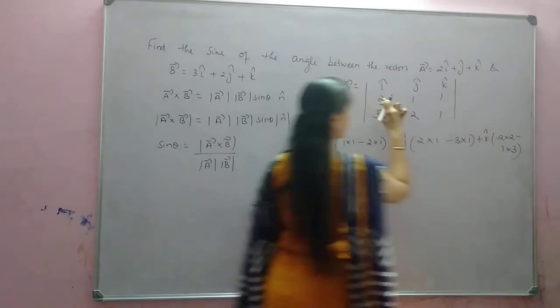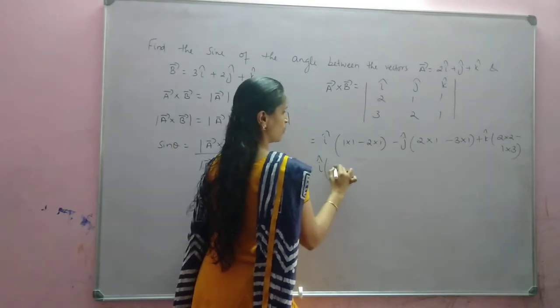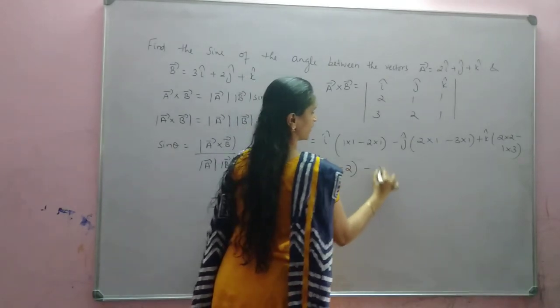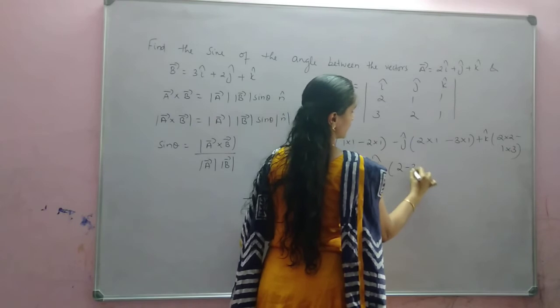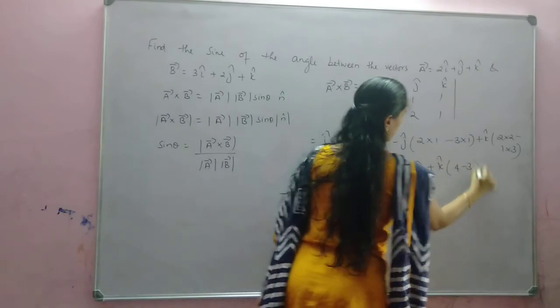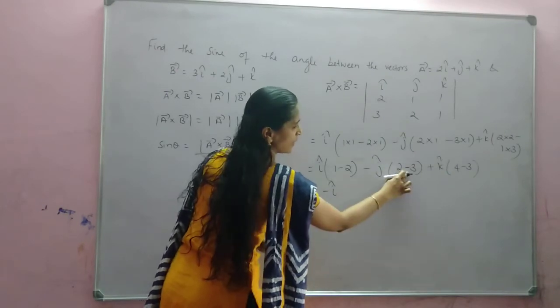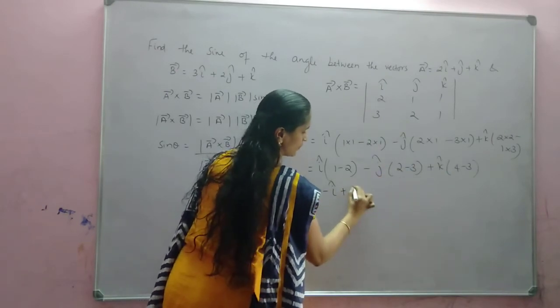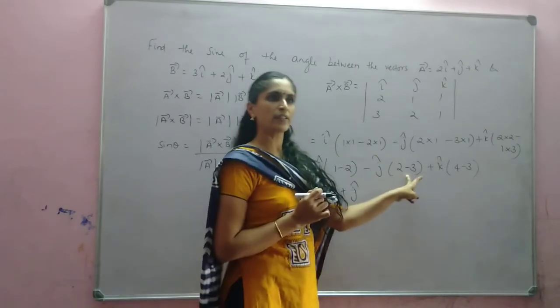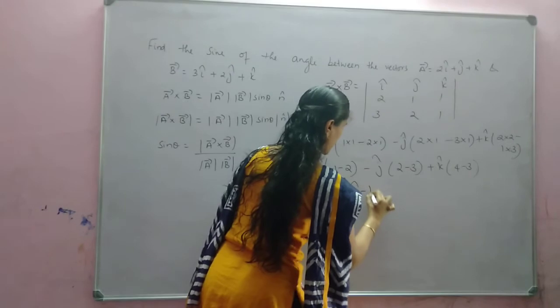Slowly you can do it: i cap into 1 minus 2, minus j cap into 2 minus 3, plus k cap into 4 minus 3. What you will get? Minus i. Here minus 1 into minus j, you will get it as plus j.